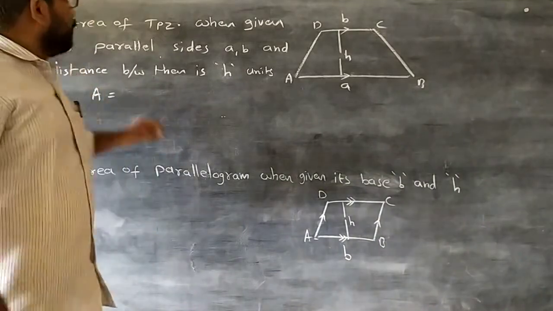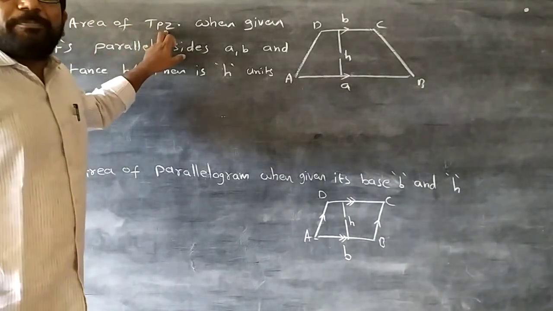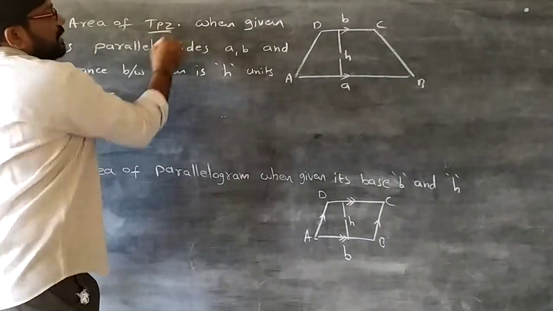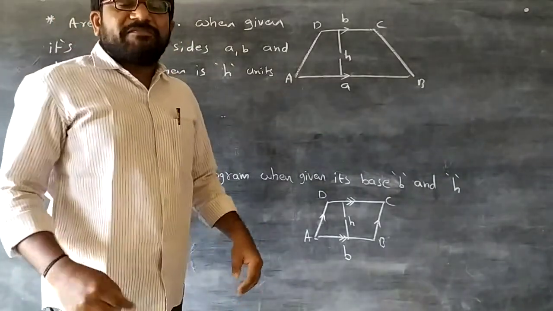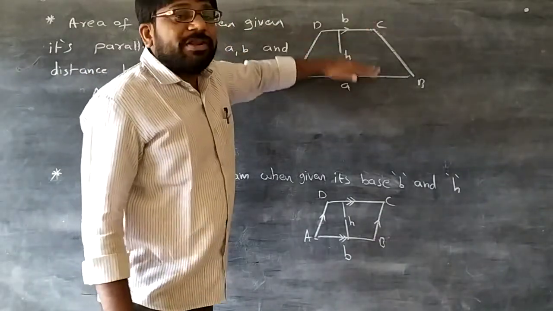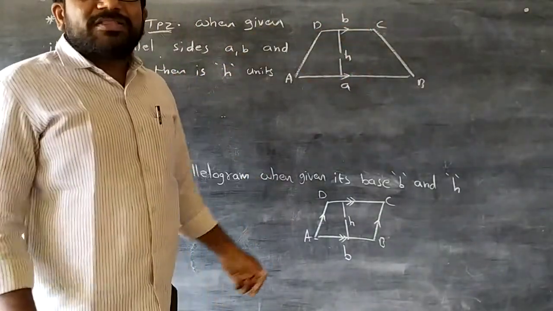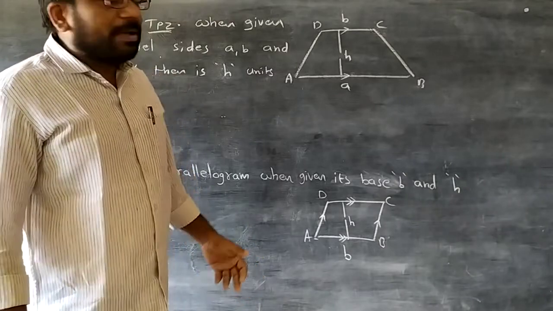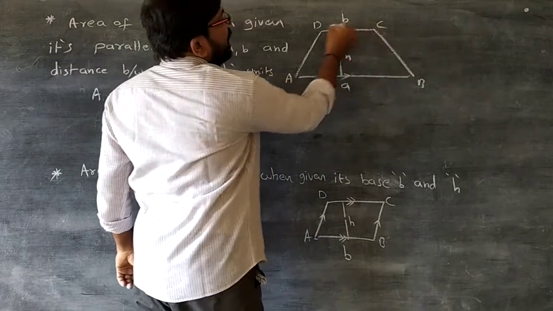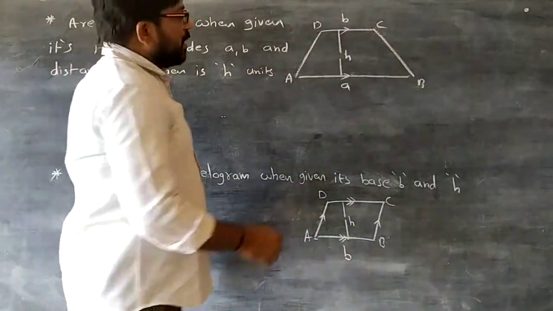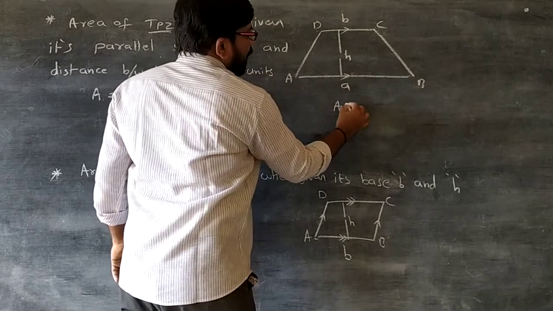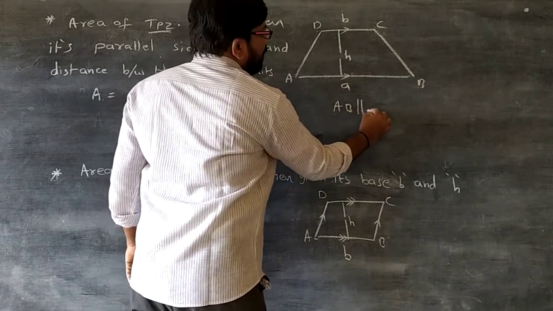Yes, next area of trapezium. Trapezium. What is the definition of trapezium? In a quadrilateral, if one pair of opposite sides are parallel, then that is called trapezium. ABCD is a trapezium in which AB is parallel to DC.